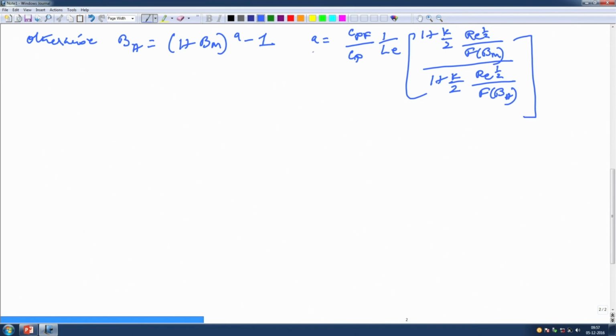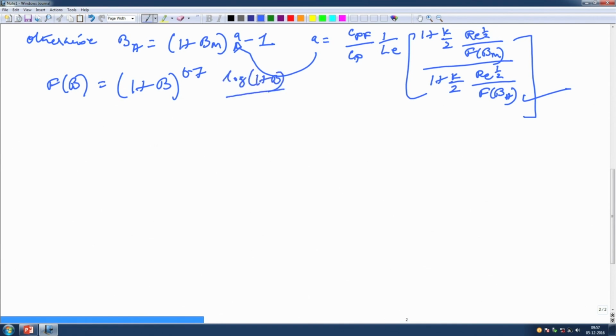Okay, that is that factor A which goes and sits here. Now, the correlation of the numerical results for Faulkner-Skan actually shows that your Fb, because Fb is an unknown that we stated over here, is about 0.7 log(1 + B)/B.